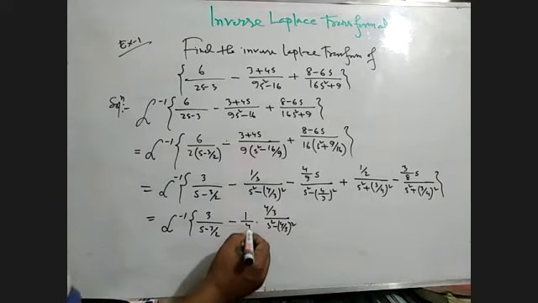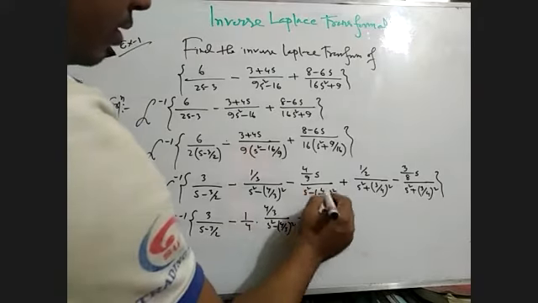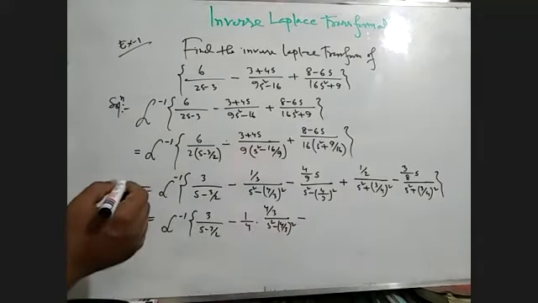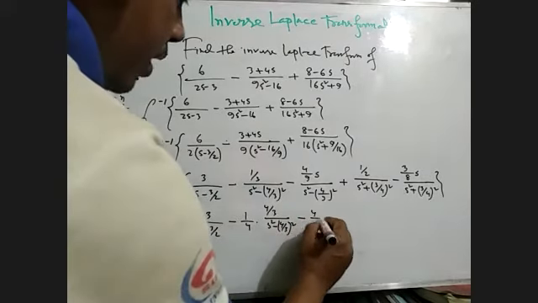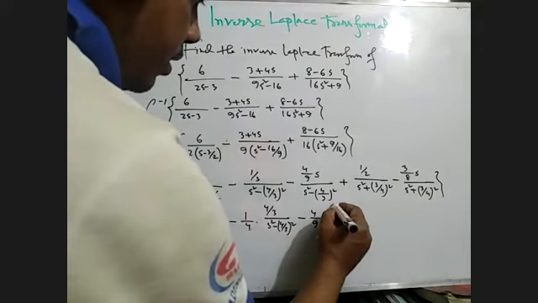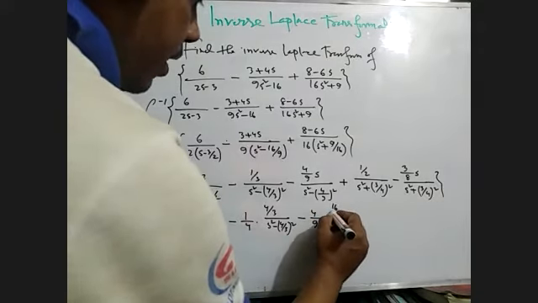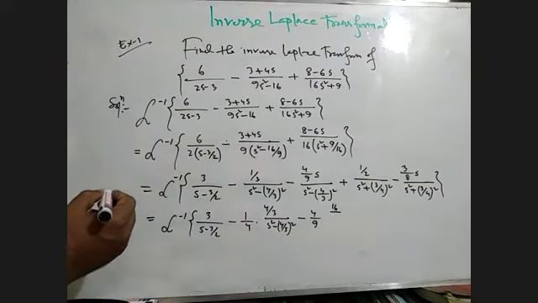This is why you have to multiply by another 1 by 4. Now to make this similar term, we have to multiply by minus 4 by 9, because this will be 16 by 9, that is 4 by 9.